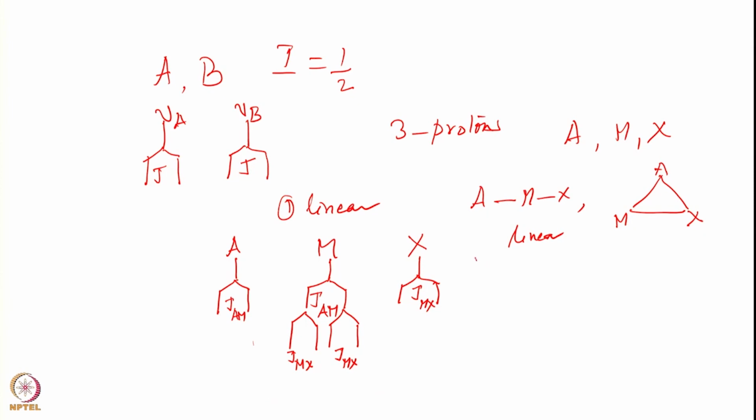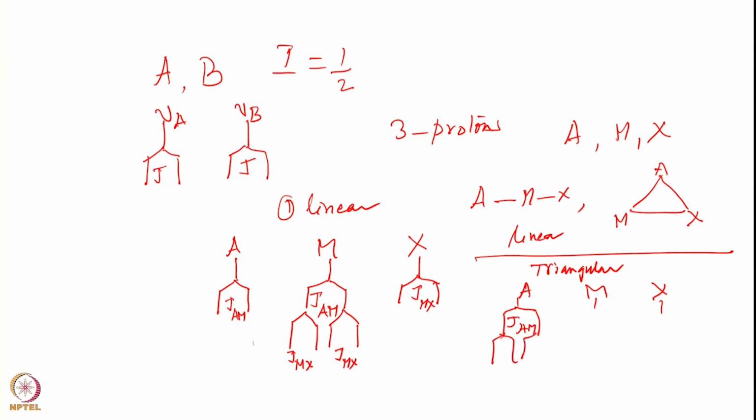Now if I take the triangular system, again I will write this is triangular, A, M, X. This will be split into 2, JAM. There is also AX coupling, so this will also be split into 2, and similarly here as well. All of them will be split into 2.